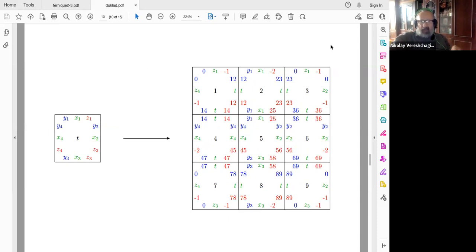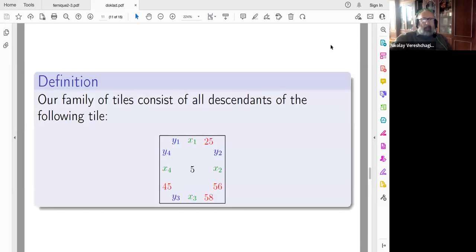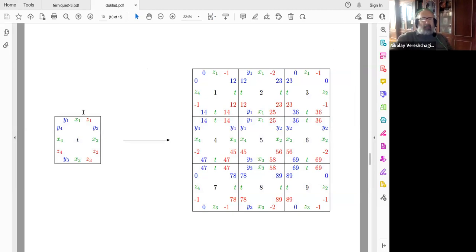And here is the way I will use. Let's use some terminology. The left tile is called the parent of all 9 tiles on the right.